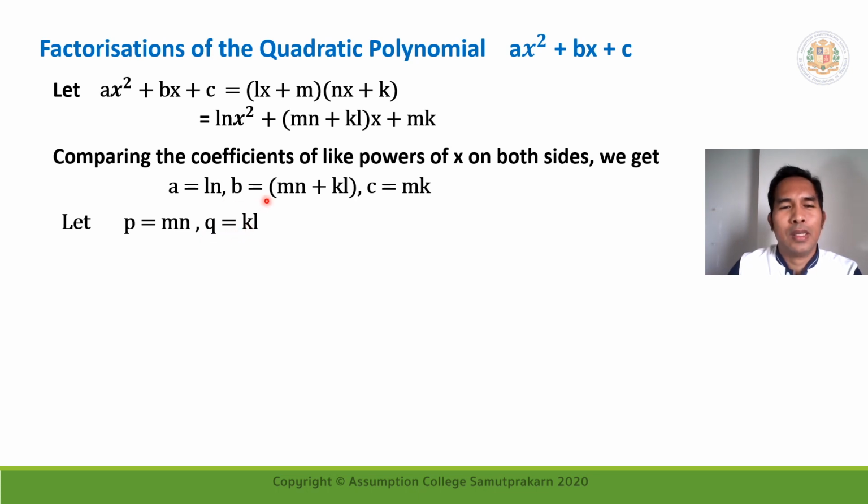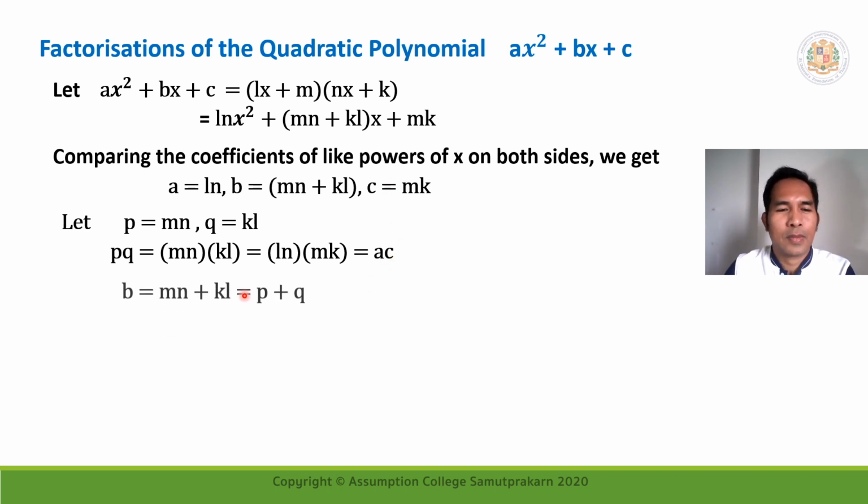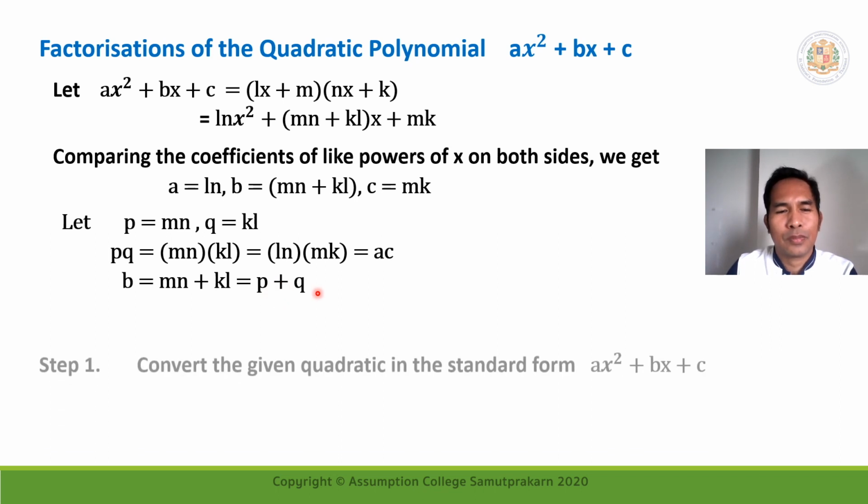So we have p and q, where p times q equals mn times kl, or ln times mk, equals a times c. So we have here a times c, where b is mn plus kl, where mn is p and kl is q. So we have here p plus q.